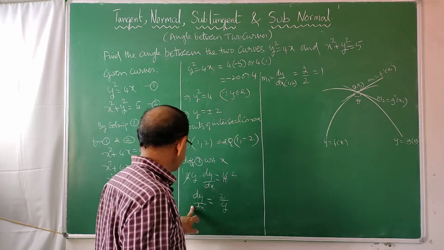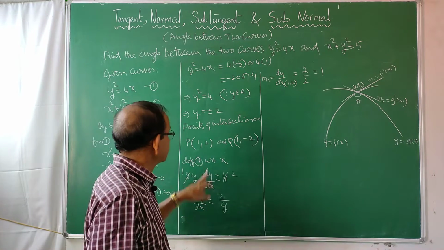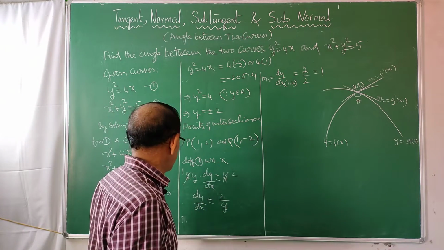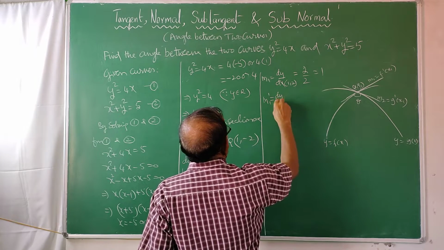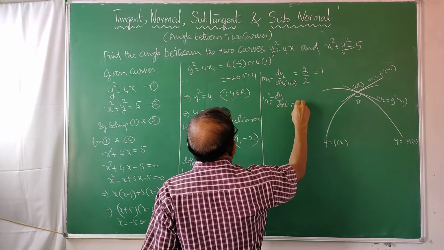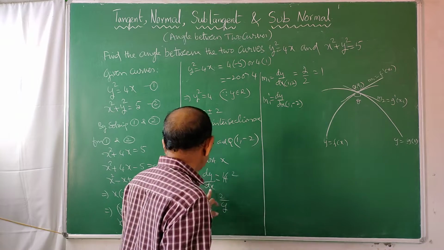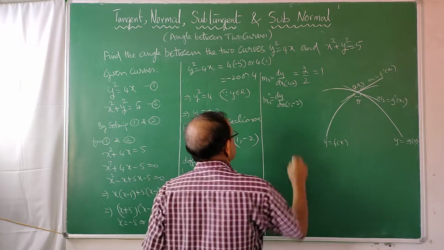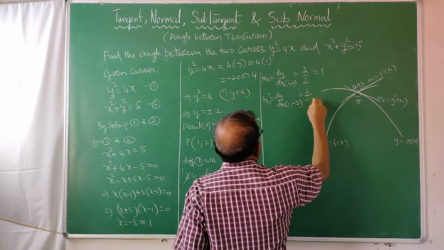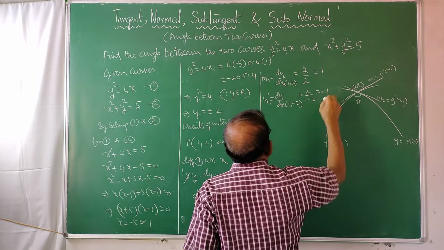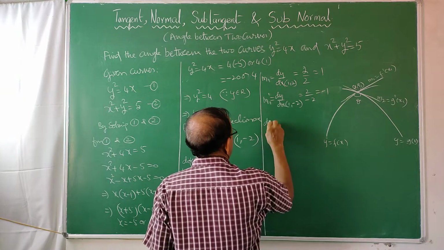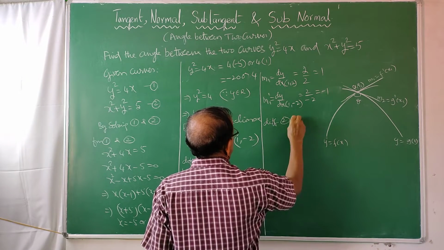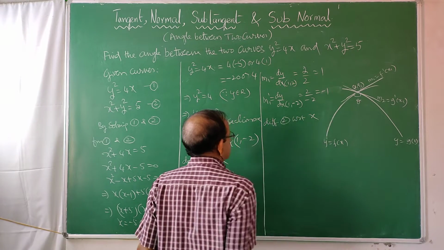For the same curve, find the derivative value at the other point also. So m1 dash is dy by dx at 1 comma minus 2. I have to put y equal to minus 2: 2 by minus 2, equal to minus 1. Now differentiate the second curve, 2, with respect to x.